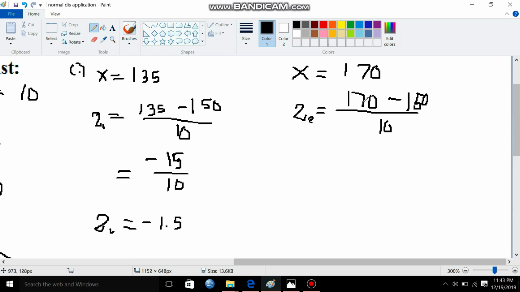This is our x value, or the raw score, this is the mean and this is the standard deviation. Subtracting these two numbers gives us 20 over 10. Then dividing 20 by 10, this will become 2, or 2.0.